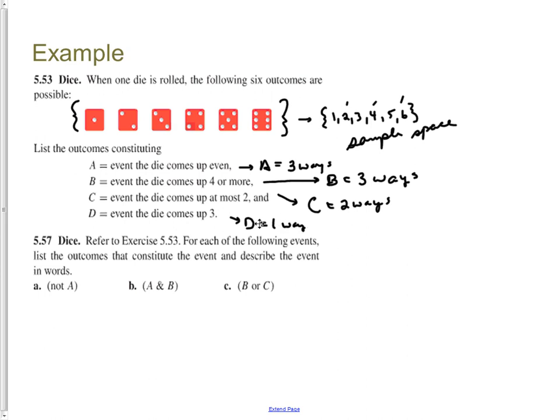So we're just counting the ways in which a certain thing can happen. So we say, well, what would be the ways that we get event not A? Well, not A means that it's not even. So there's 3 ways in which it can be not even. That is, there's 3 odd. We think of this as just being the odd outcomes.